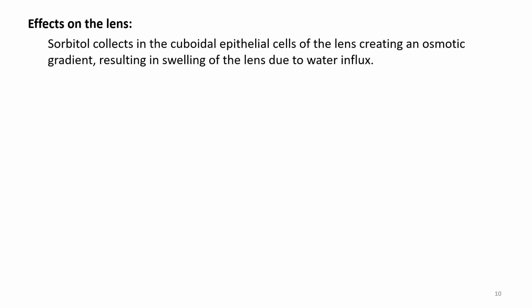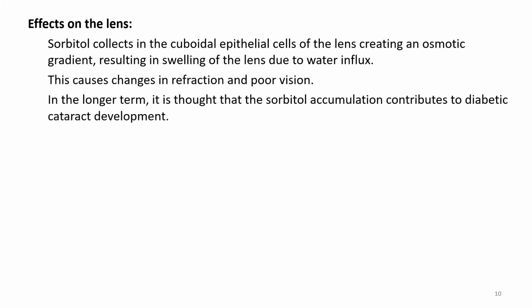So, in relation to the eye, we have effects on the lens. Sorbitol collects in the cuboidal epithelial cells of the lens. This creates an osmotic gradient, as we explained, resulting in swelling of those cells and swelling of the lens due to this water influx. And obviously this is going to have an impact on refraction, because we need to be able to change the shape of that lens to enable the light to focus on the retina. In this case, refraction is changed.